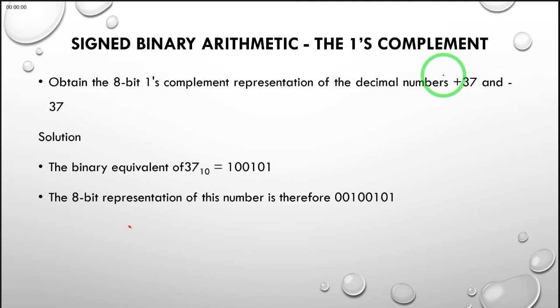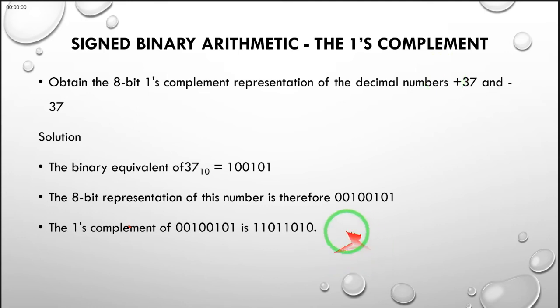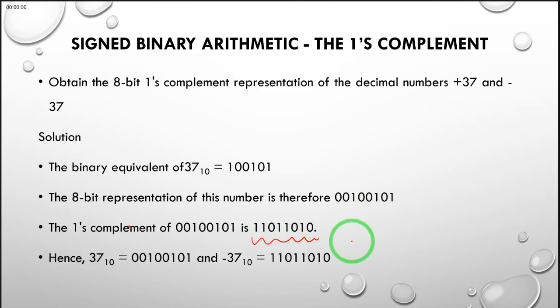Then for the ones complement, we just reverse all those zeros to become ones and ones to become zeros, and therefore you find that minus 37 is represented by 11011010. So that is the use and application of ones complement in representing negative numbers.